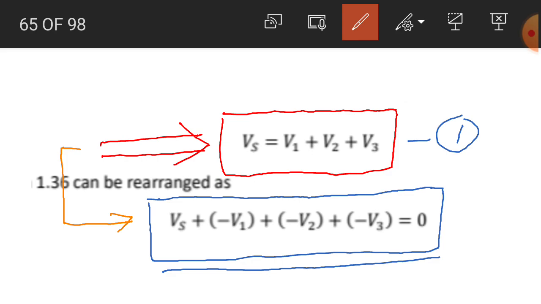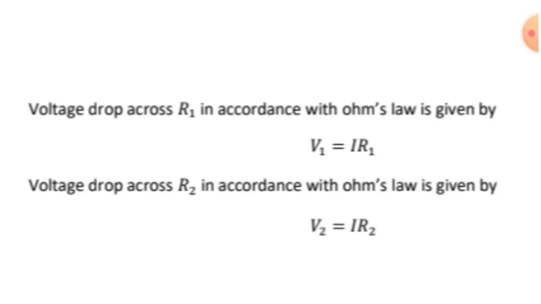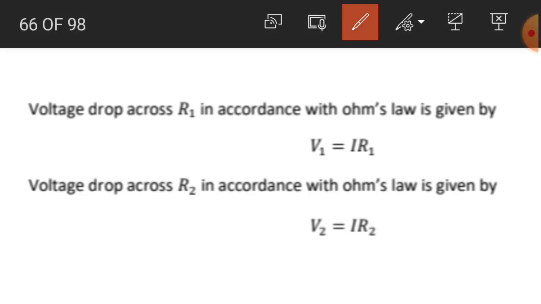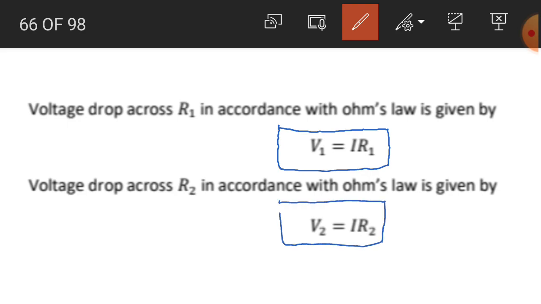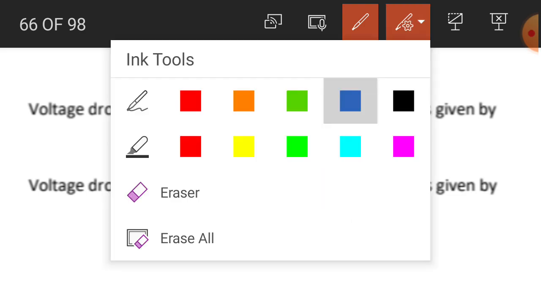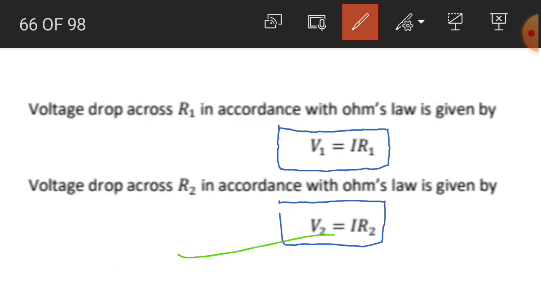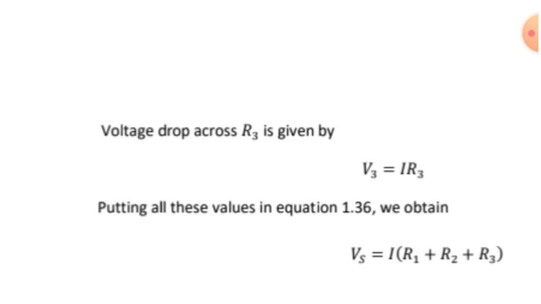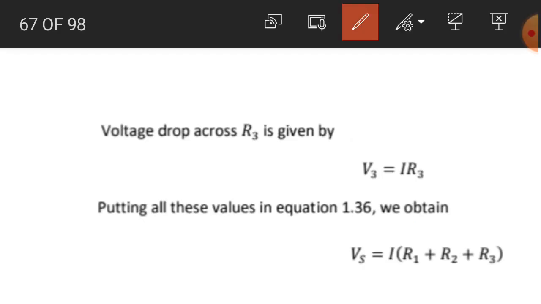Now we calculate V1. The voltage drop across R1 will be equal to IR1. Similarly, the voltage drop across R2 will be equal to IR2. The voltage drop across R3 will be equal to IR3.